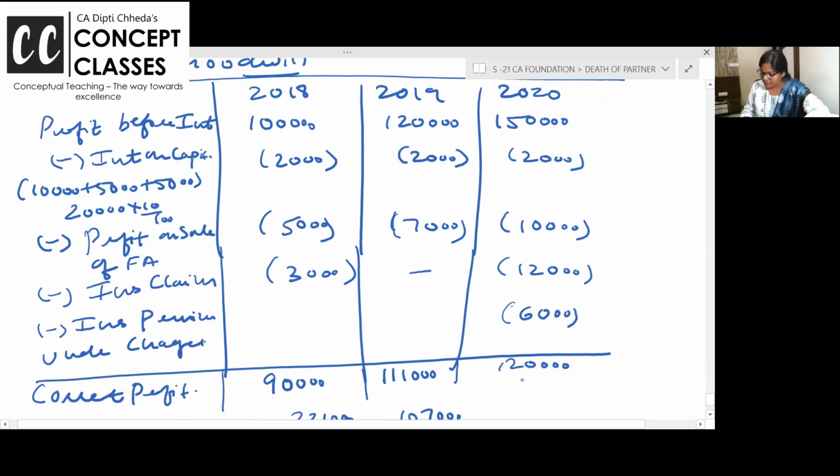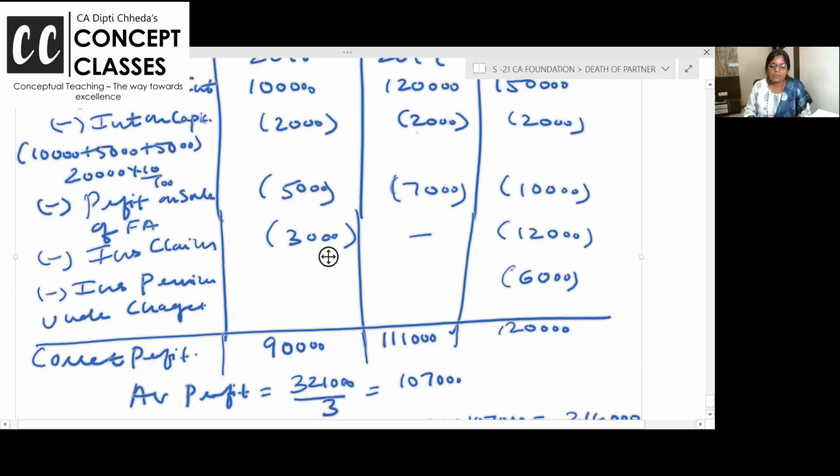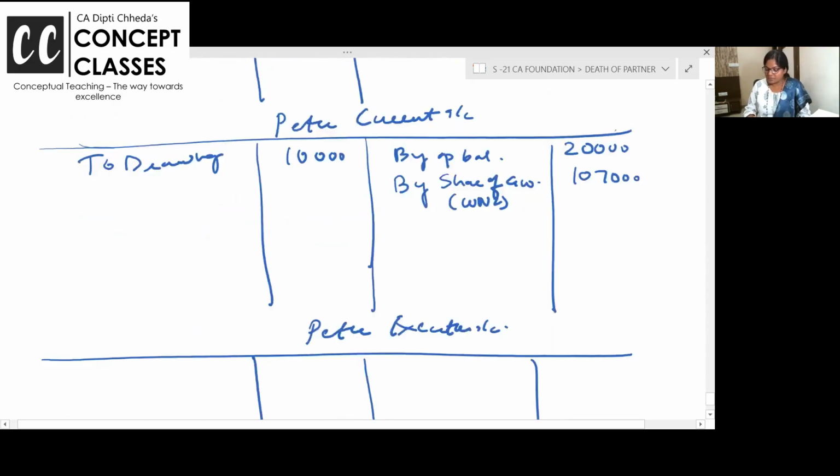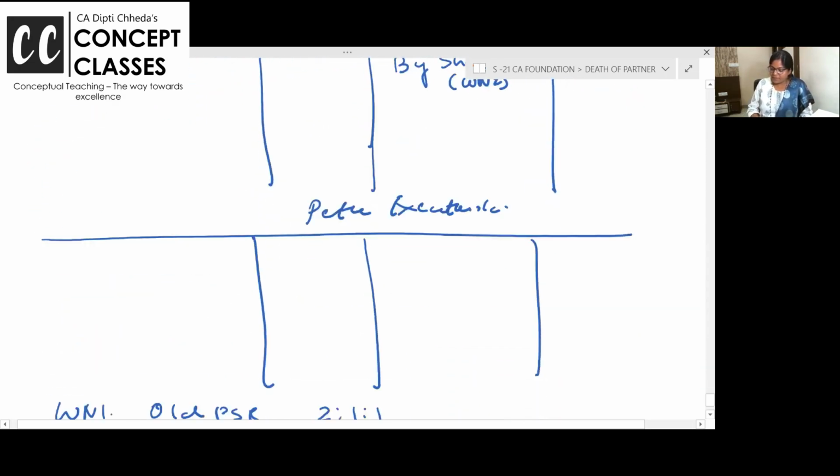Now don't take 120, huh? Because you need last year's routine profit. Only for goodwill you need the average profit.